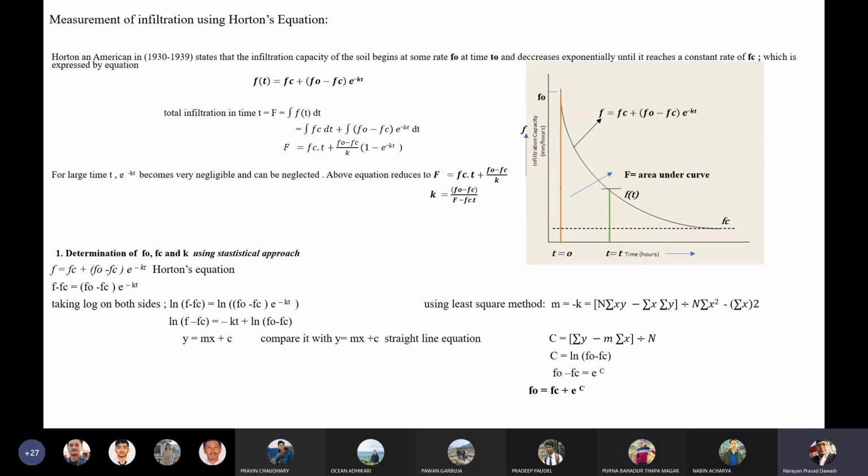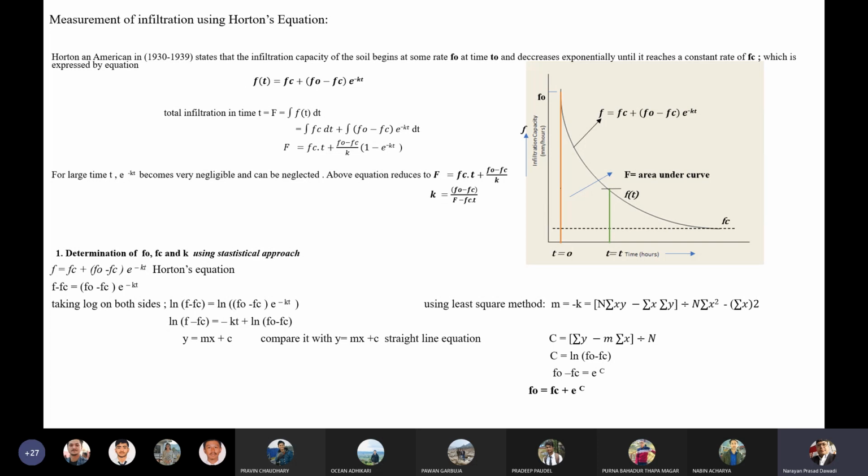If you put ft as fc plus (f0 minus fc) e power minus kt, then the equation reduces to F is equal to fct plus (f0 minus fc) divided by k, into (e power minus kt minus 1). That will be 1 minus e power minus kt. The negative sign from the minus k is reduced.